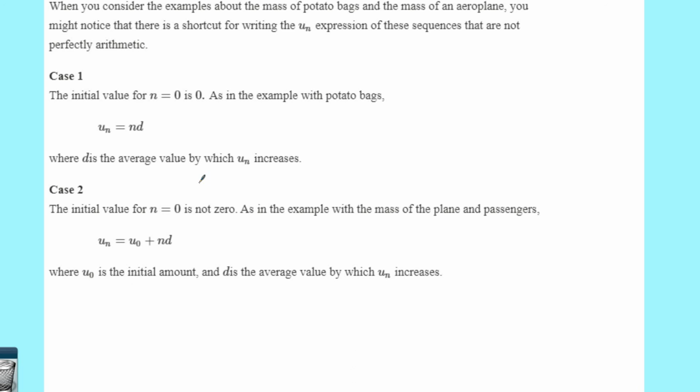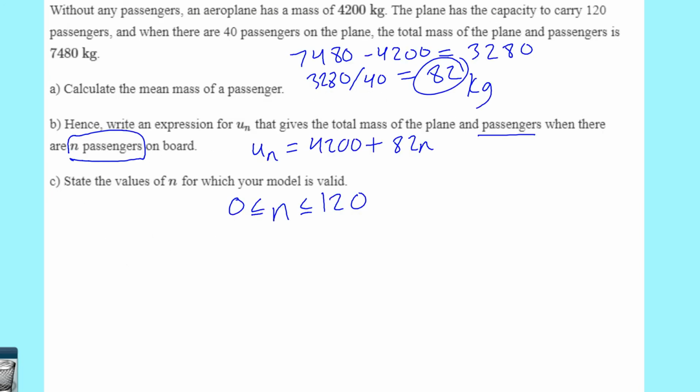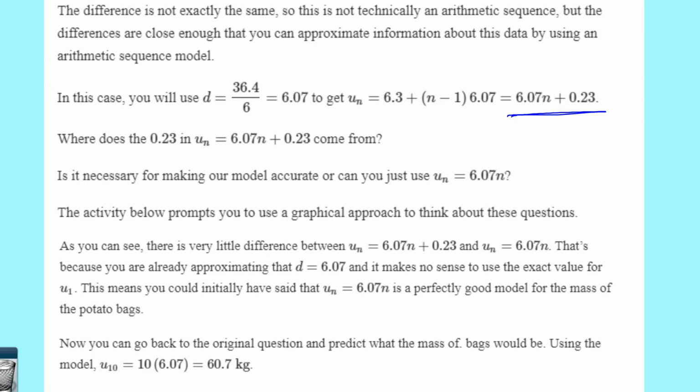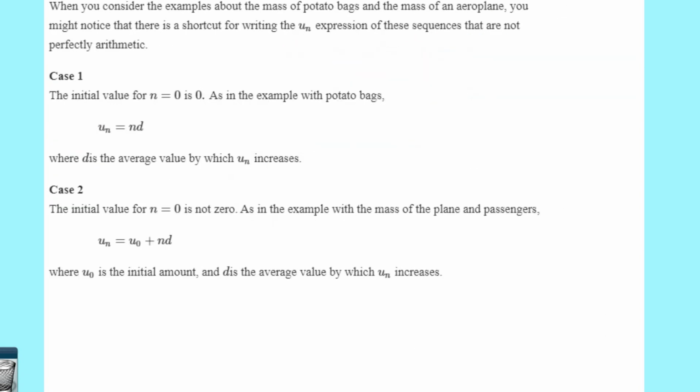So the initial value for n is 0. Basically this is talking about what we just mentioned about what n could be. In this case it makes sense that it could be from 0 to 120.